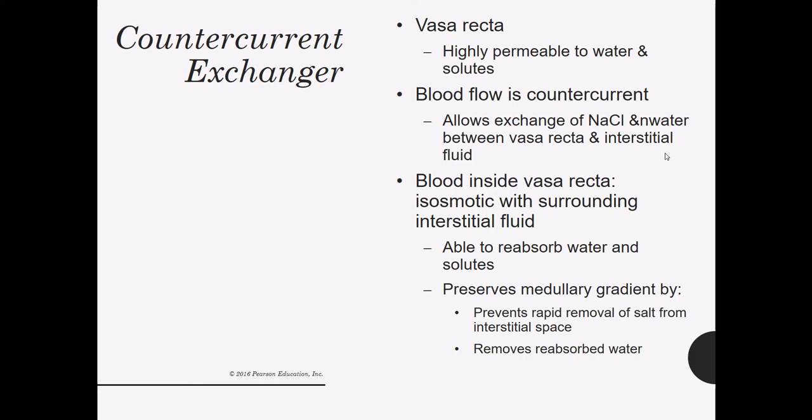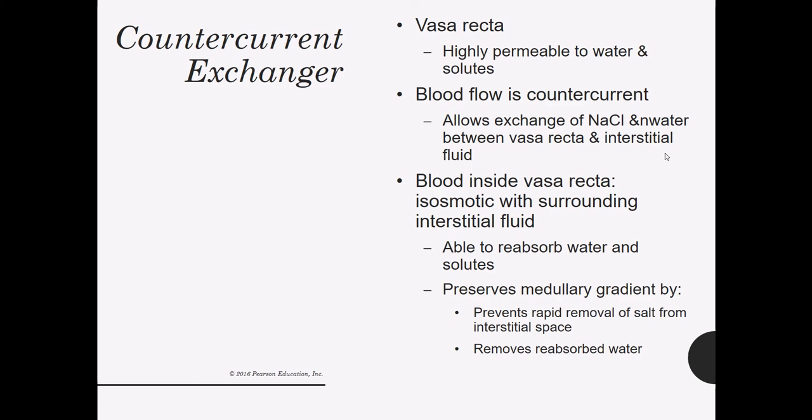It prevents the salt that creates that gradient from being just sucked out of the interstitial fluid. That would get rid of our gradient, and it helps get rid of the water that was reabsorbed by the descending limb by allowing it to go into the blood.